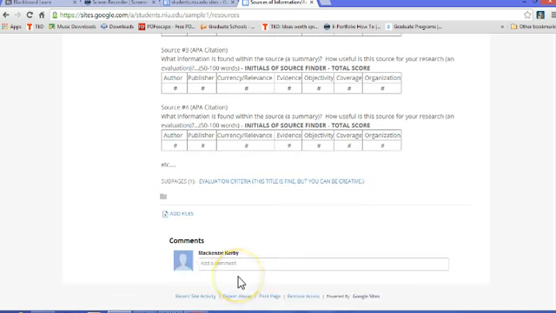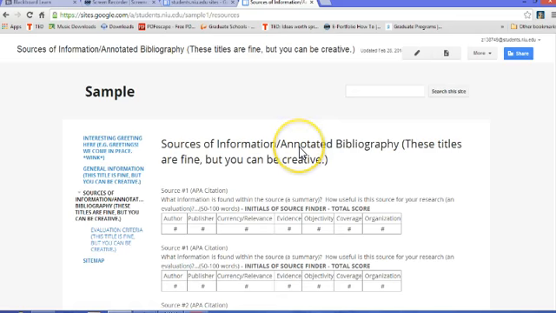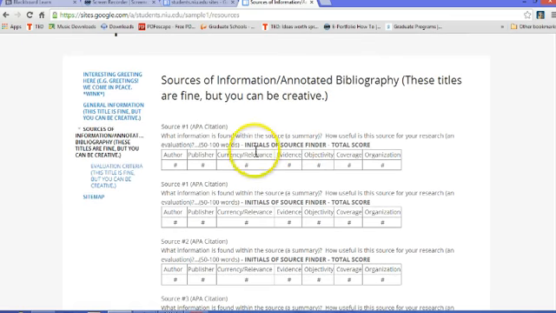And that goes on for all of your 25 to 30 sources. You'll also notice that right here it says initials of the source finder. It's really important that you include this, and I would even bold it or make it a separate color in your annotations for me to keep track of who in your group has actually put their sources in here.